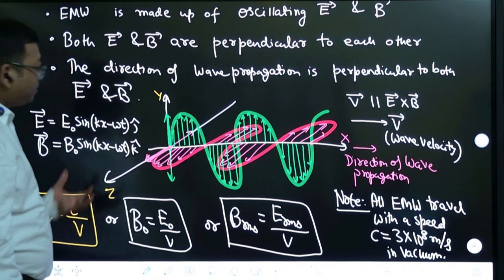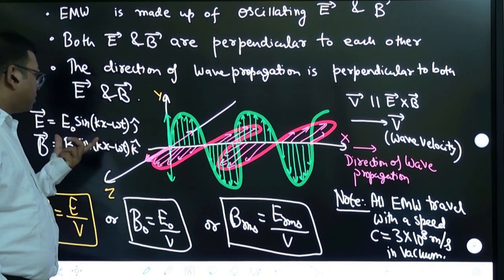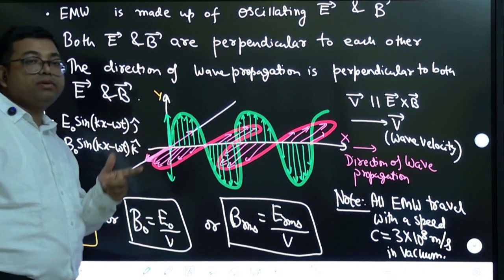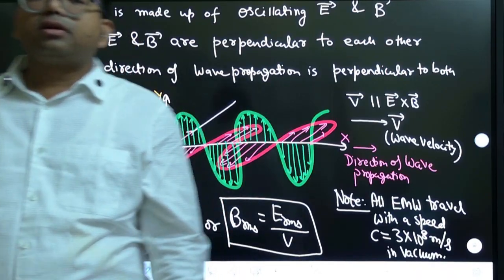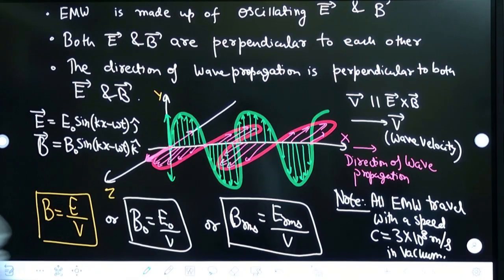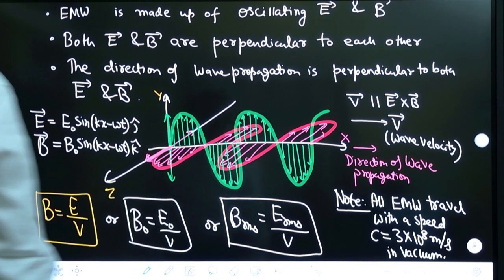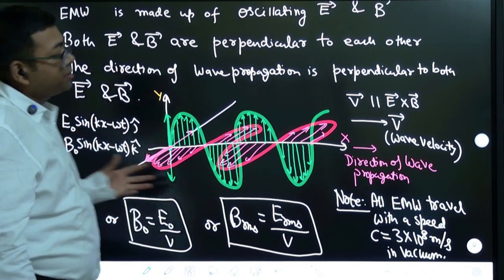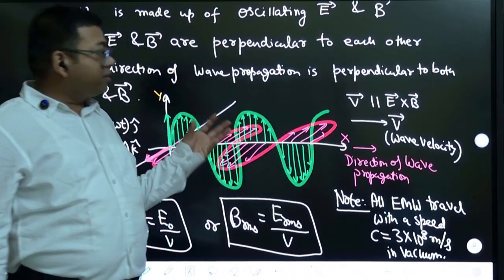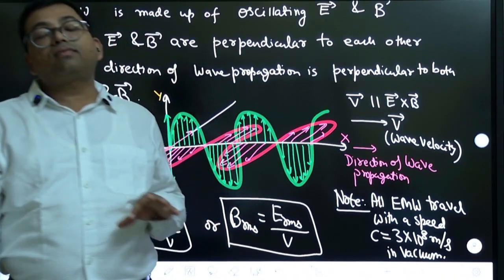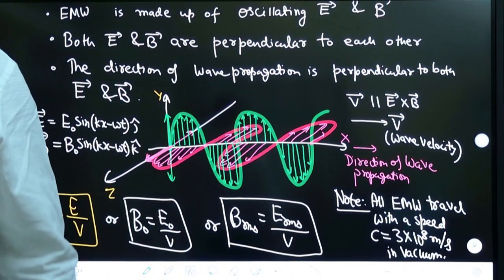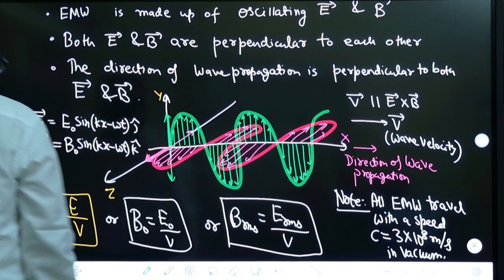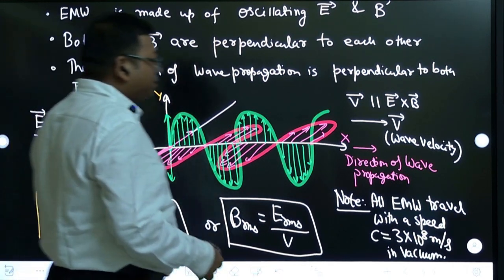And it is very, very important that energy is stored in the electric field and energy is also stored in the magnetic field. We have studied that previously. If electromagnetic waves are moving, energy is stored both in the electric field and the magnetic field, and the energies stored are equal. So let us equate that.